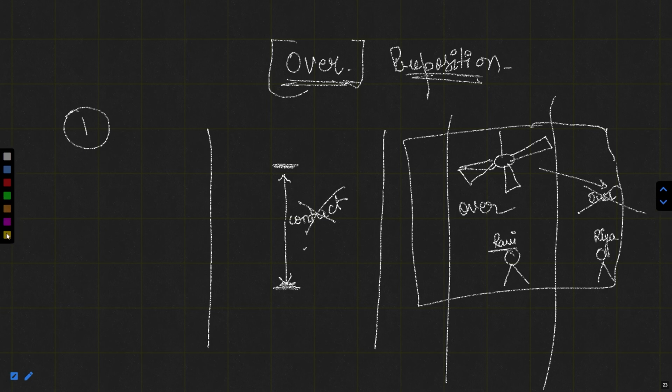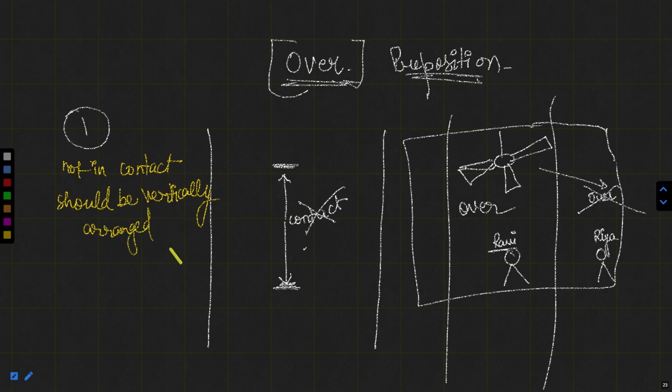So the first point is not in contact or not in touch. The second point is it should be vertically arranged. These are the points for which we can use over.